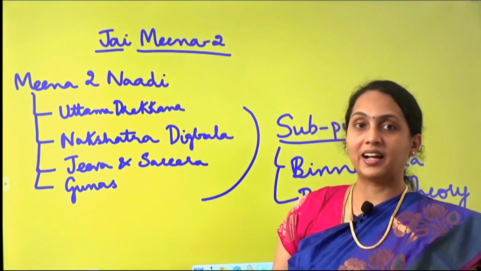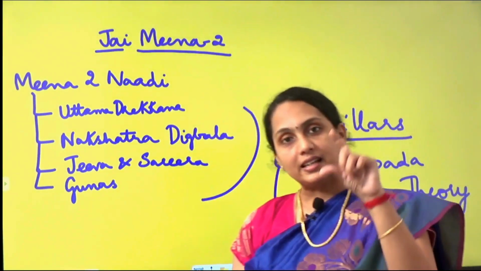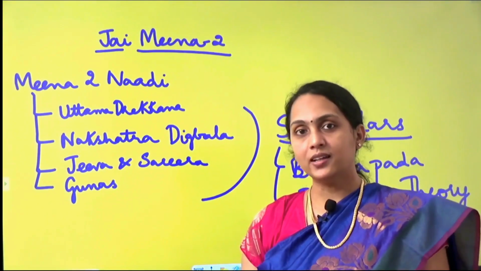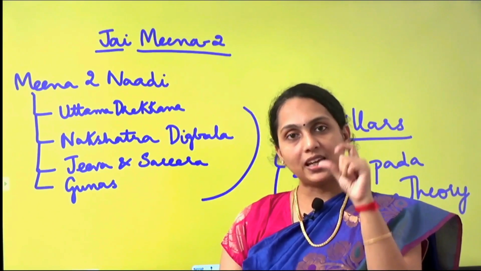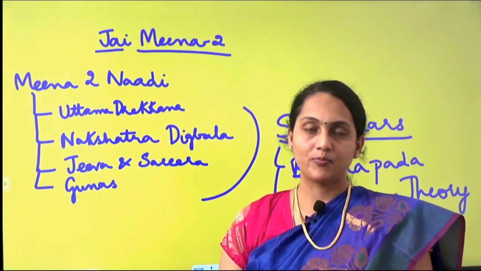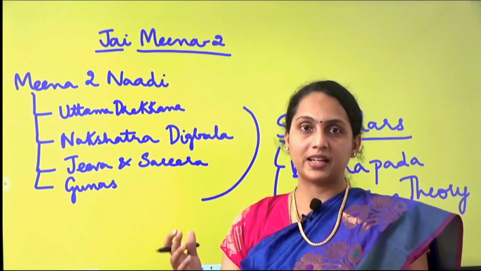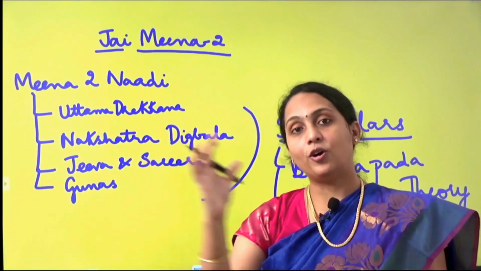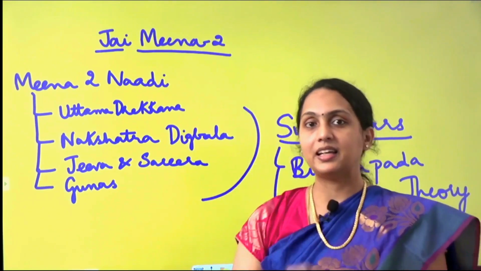So Uttama Drekkana, we all know Drekkana. Drekkana is a division of a sign into three parts. There are 9 Padhas in a sign, so each Drekkana has 3 Padhas. Across the zodiac, where there are 12 rasis, there are 36 Drekkanas, 3 in each rasi.